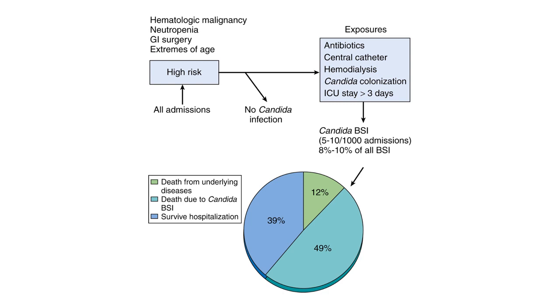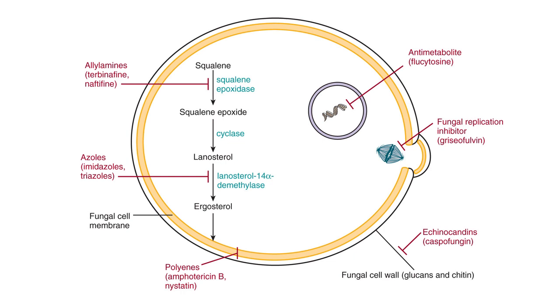So this pie graph shows that out of 100 patients with infection of Candida in the blood, half of them will die because of that. 12 of them will die because of the risk factors that led to candidiasis, and only 39 of them will survive. So this is the reason why I emphasized candidal infections for this topic, because it is such a big burden.